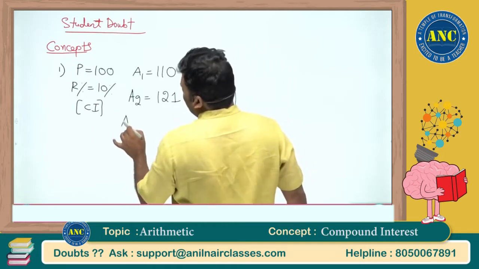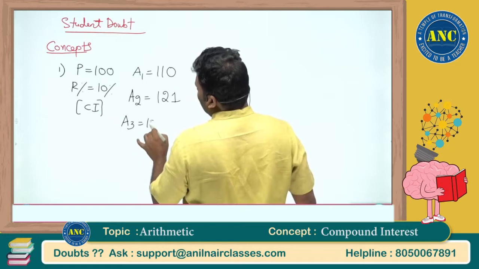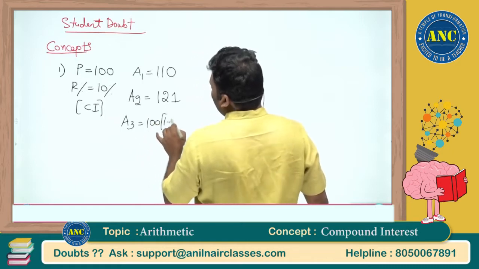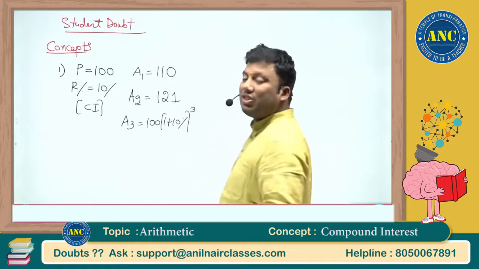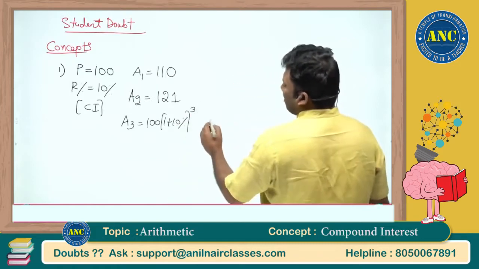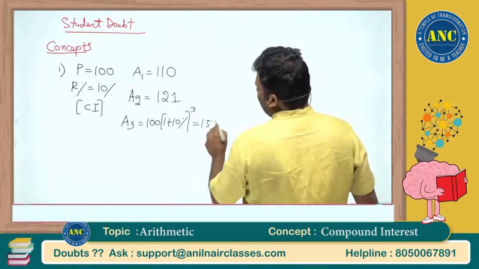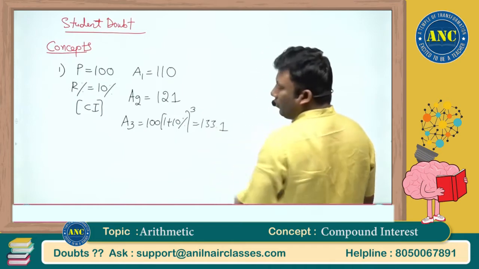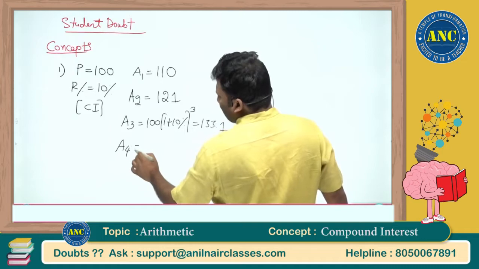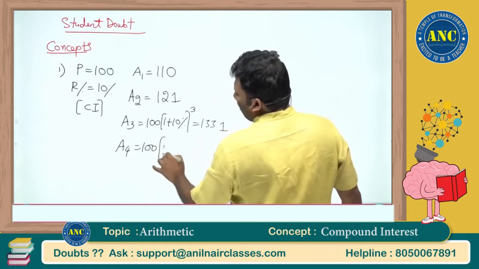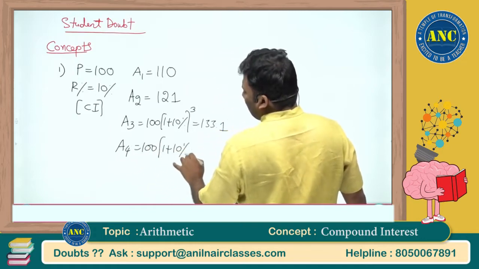Next again, amount after 3 years. So it is 100 into (1 plus 10%) power 3. 10% 3 times successively. It is 33.1. So it is 133.1. Amount after 4 years. It is 100 into (1 plus 10%) power 4.